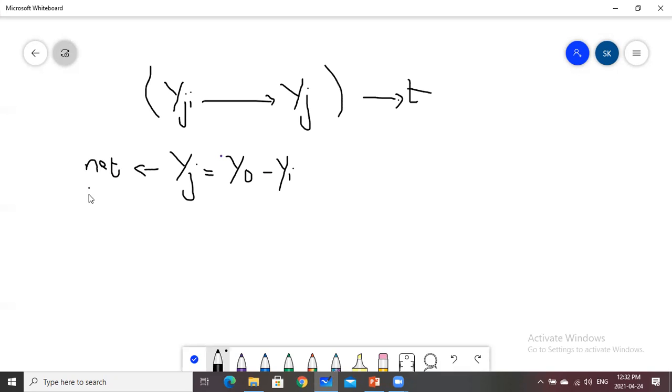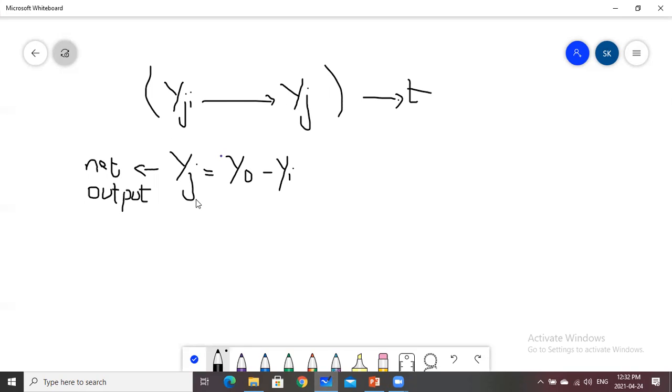We have studied the concept of net output in detail in the previous lecture, which you can find in the YouTube videos. So net output is equal to y naught minus y of I. What is the output function? Output function is showing that Yj of I units of inputs are used to produce the Yj of the output at a particular time period.